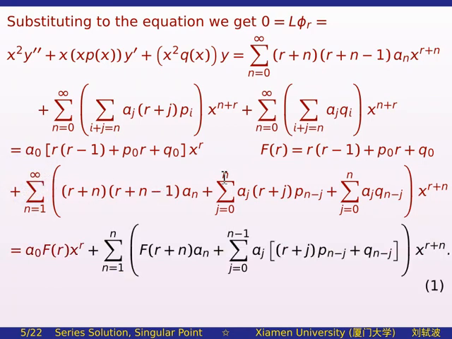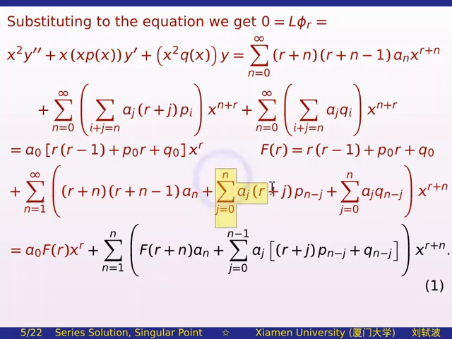We can take the term corresponding to j equal to n out from the summation. From these two summations, we take the term corresponding to j equal to n out, and therefore the sum becomes j from 0 to n - 1. The term corresponding to j equal to n can be combined with the previous coefficient to give us capital F(r + n).